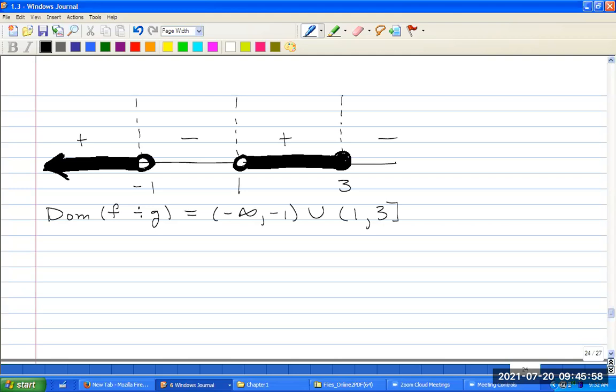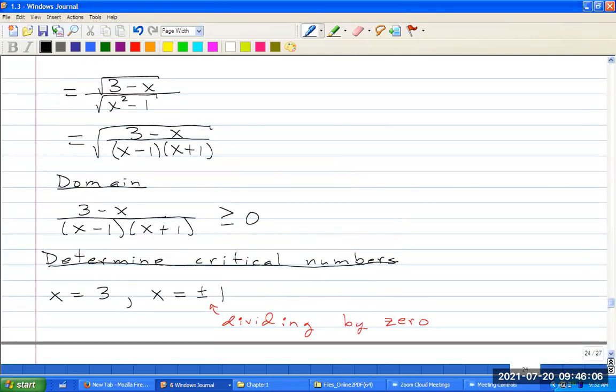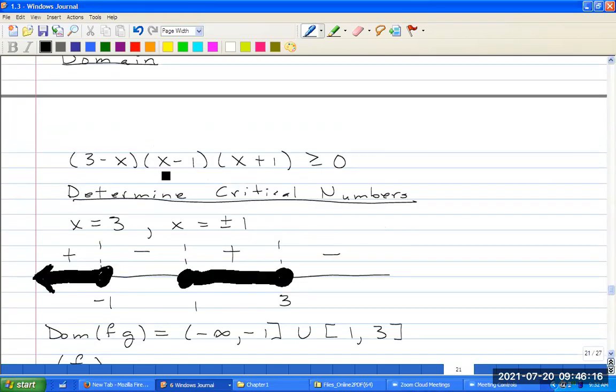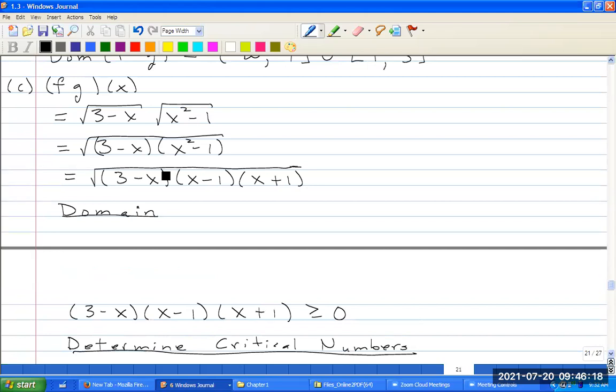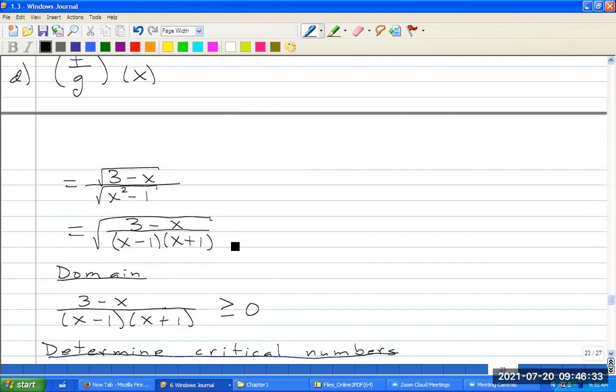It is just the previous domain where I've taken away the critical points plus or minus 1, which is the kernel of g. It's where you're dividing by the square root of x squared minus 1. So you don't want to divide by 0, and so you've got to take away those critical numbers at plus or minus 1.